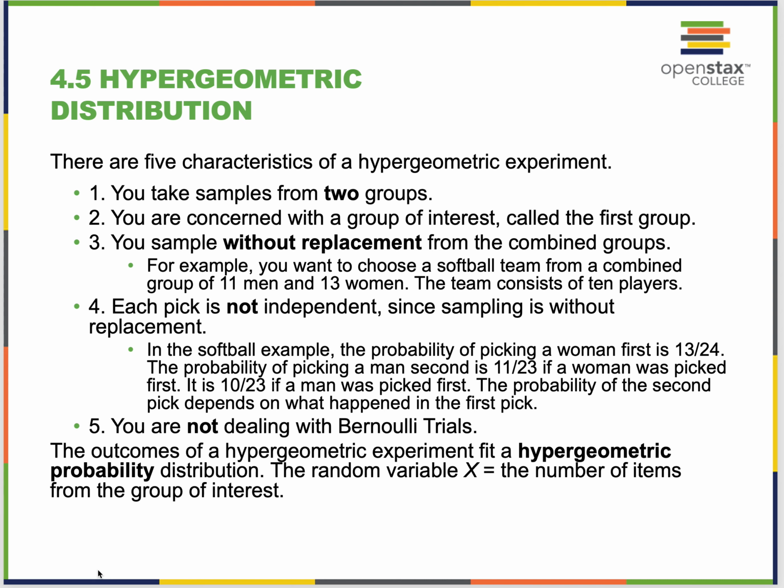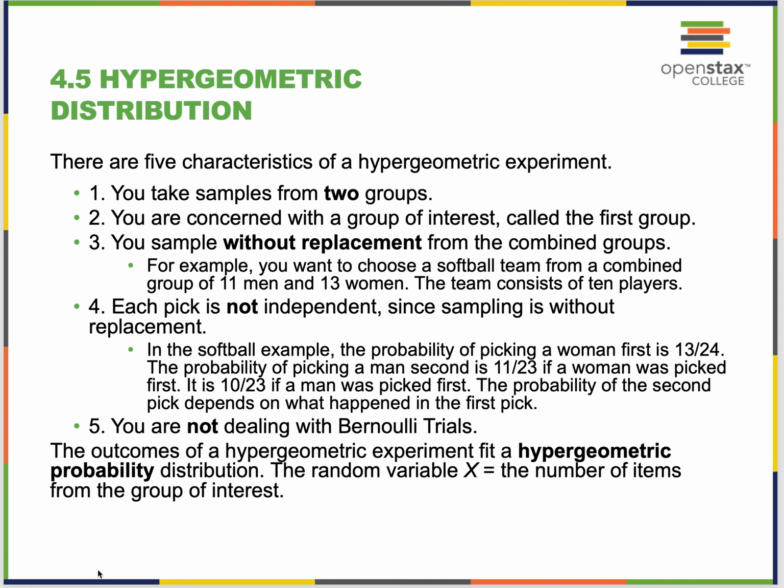So you want to choose a softball team from a combined group of 11 men and 13 women. The team consists of 10 players. Each pick is not independent since I'm not putting the person back in the pool, since sampling is without replacement. In a softball example, the probability of picking a woman first is 13 of 24. The probability of picking a man second is 11 of 23.